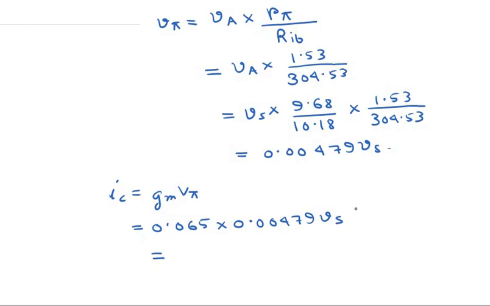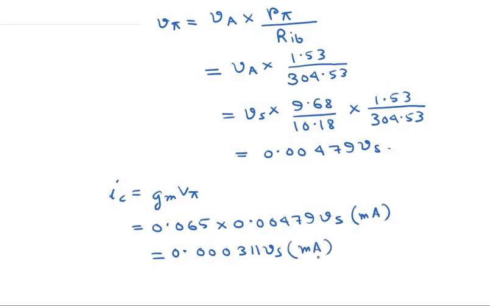So in brackets I am writing the units as milliamperes, provided that Vs is in volts. So this is equal to 0.00311 Vs. So we have found the collector current as a function of our input AC voltage source Vs.